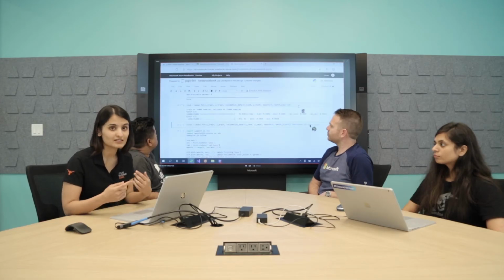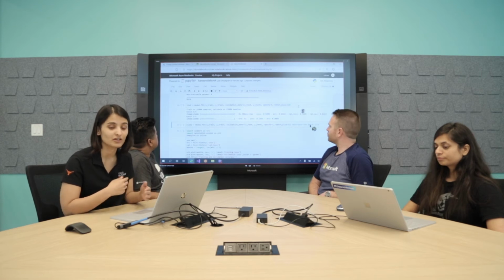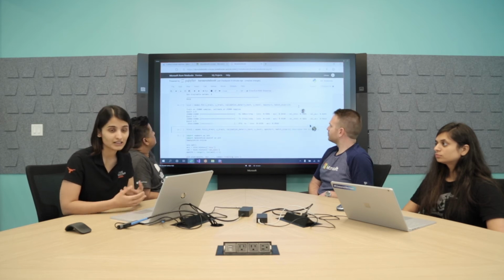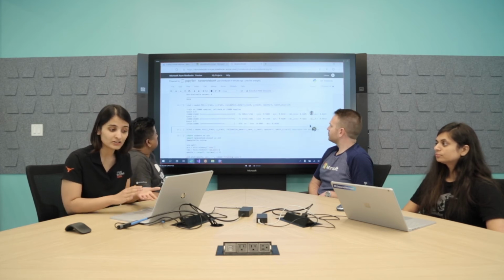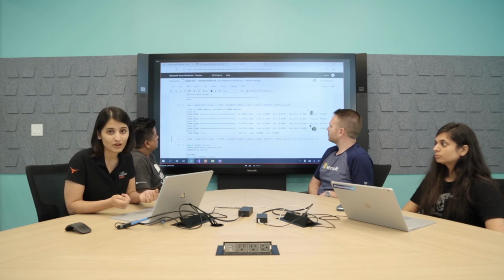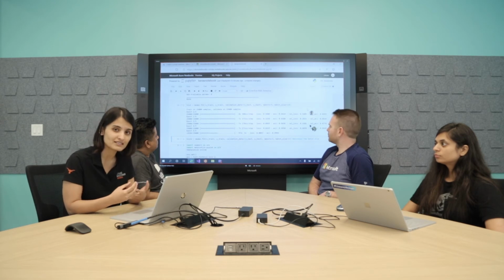Epochs means the number of times the model is trained forward and backward, and the batch size means the number of training samples which are taken to train the model. You need to strike the right balance between the epochs and the batch sizes in order to get better accuracy, as well as avoid overfitting. And keep in mind the number of resources you have, because if you have a very small batch size, then you may require more computational resources.